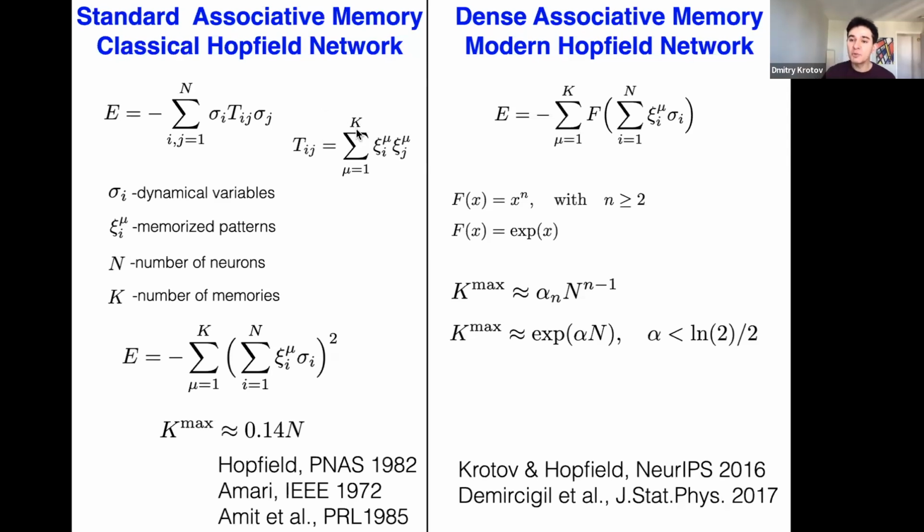And it turns out that up to a certain threshold, this network will indeed be able to retrieve those memories that have been encoded in the synaptic weights of this neural network, but only up to a certain threshold. And it turns out that if you exceed the threshold, which is equal to 0.14N, where 0.14 is some numerical constant that comes from some statistical physics computation, and capital N is the size of the network, once you exceed that threshold, then the network starts making mistakes.